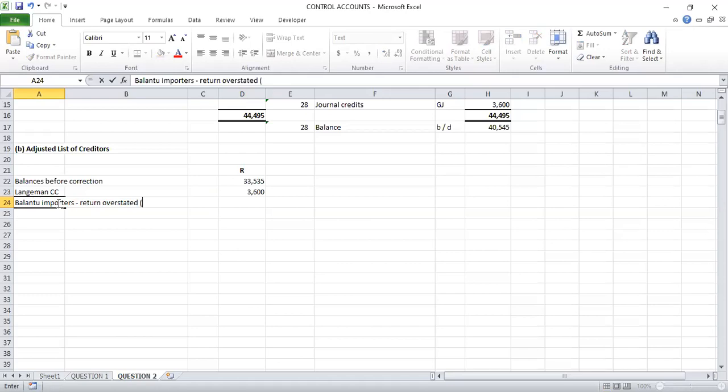So we'll have to add back the balance. 825 minus 285. What do we get? 540.